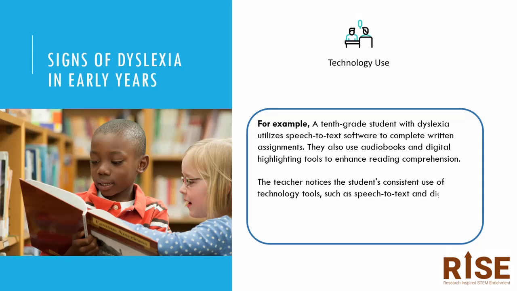They also use audiobooks and digital highlighting tools to enhance reading comprehension. The teacher notices the student's consistent use of technology tools, such as speech-to-text and digital highlighting, which are not typical for their peers. This indicates a reliance on technology to support their reading and writing needs.